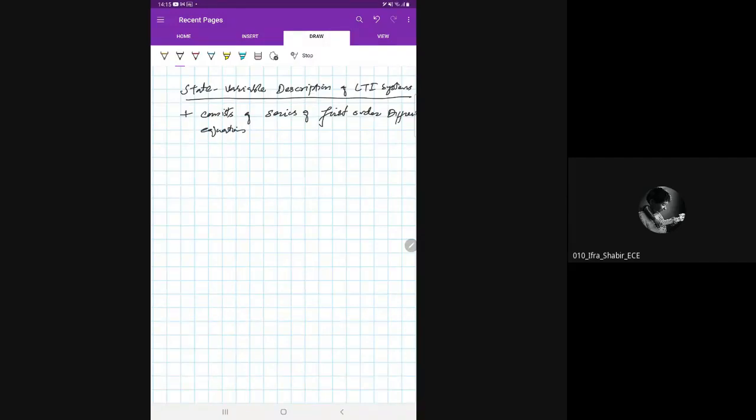First order differential equation, or it consists of a series of first order difference equations and differential equations. These are two different things. A differential equation would be in this form: d raised to power n of x of t by dt n.